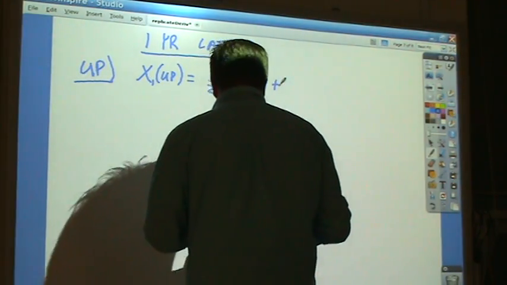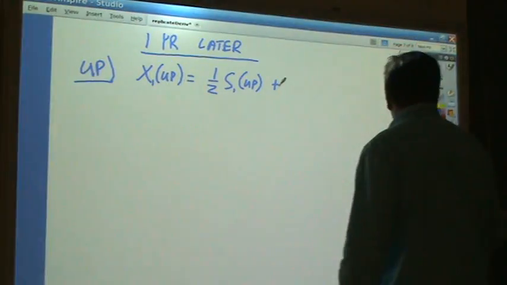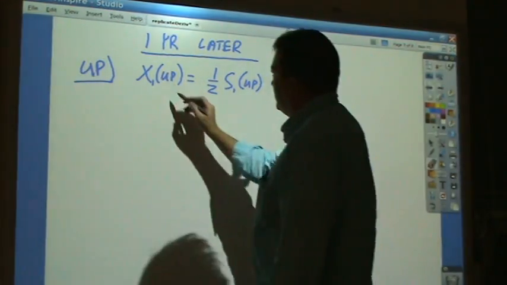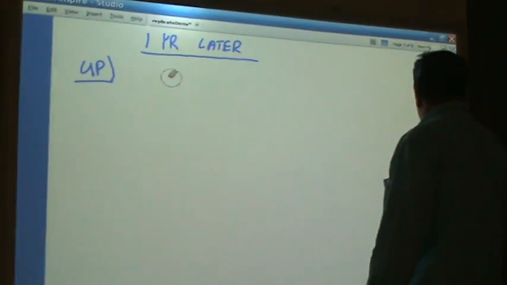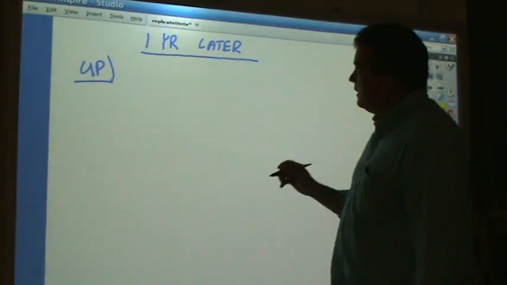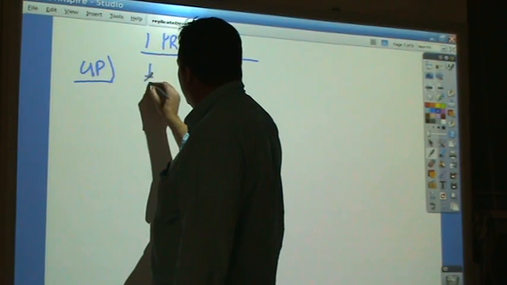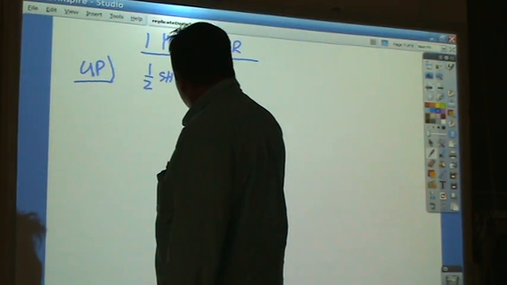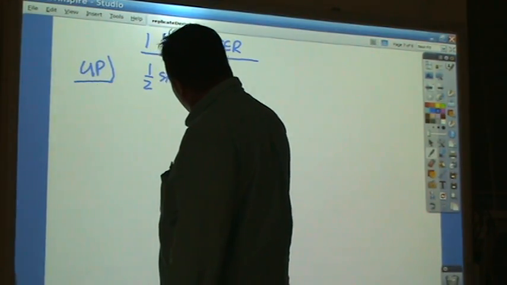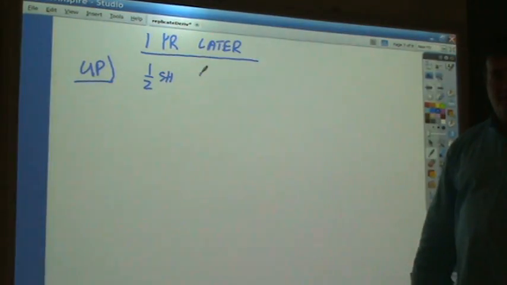plus, well, let me calculate this example, and then I'll write a standard formula for us. So if the market went up, we would have what? 1/2 share, and what would we owe to the bank?